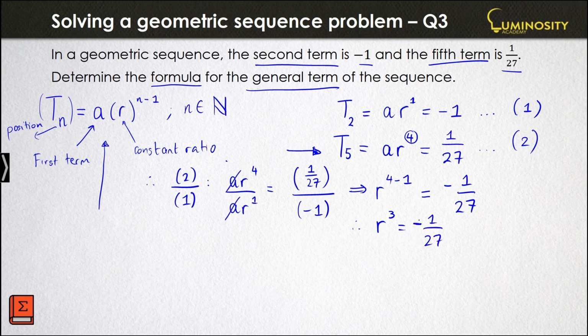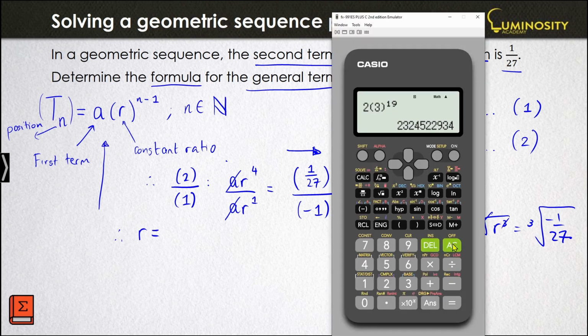Now to solve for r, remember when you're solving an equation with an exponent 3, we need to do the inverse algebraic operation. So instead of cubing it, we're going to take the cube root on both sides. The cube root of r cubed must be equal to the cube root of -1 over 27. So the cube root and the cube will cancel. Therefore, r equals, and let's pull up our calculator and check.